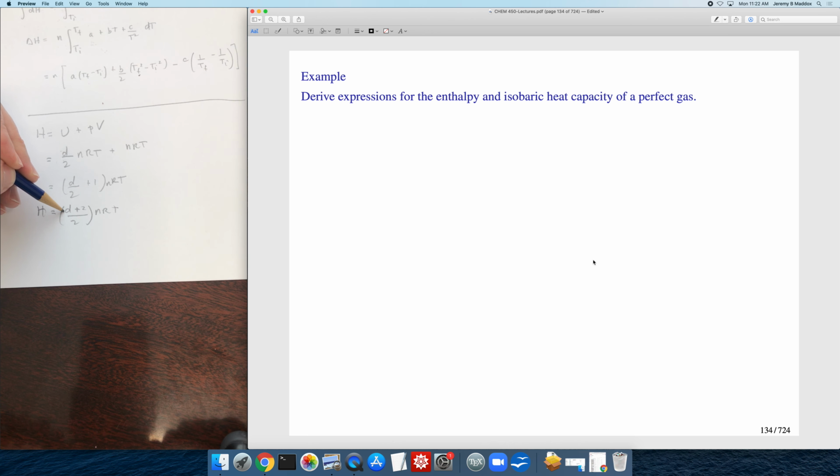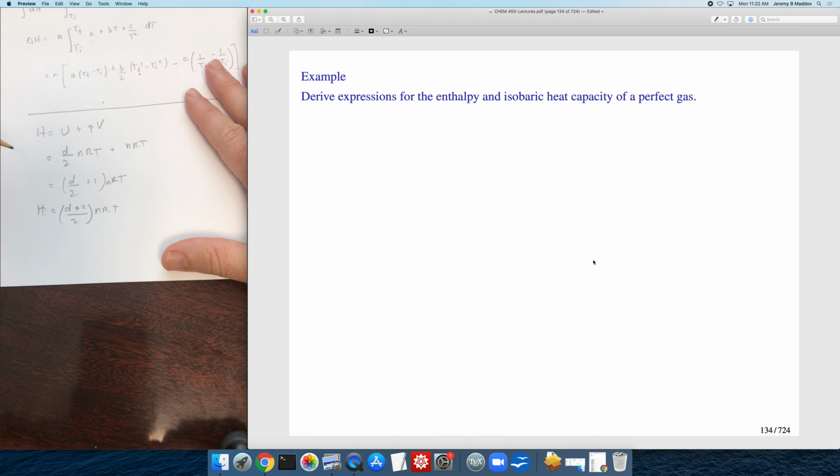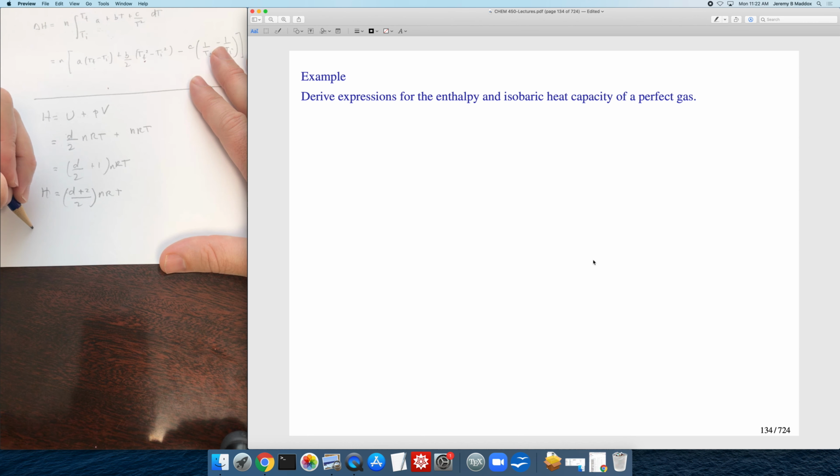where d is the number of kinetic degrees of freedom. So for a monatomic gas, d is 3. For a diatom, d would be 5. For a polyatom, d would be 6. To calculate the isobaric heat capacity, what we would do is take the derivative of the enthalpy with respect to temperature at constant pressure.